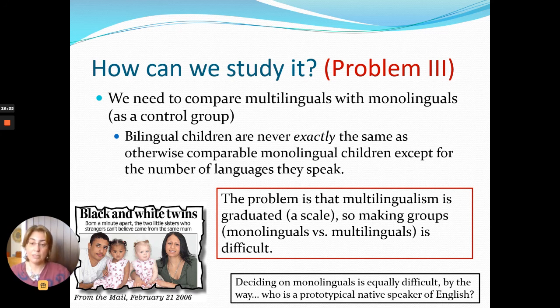It is very hard to determine who counts as monolingual, the same way that it's hard to determine who counts as multilingual. So whenever we talk about the group of multilinguals having these characteristics or that other characteristic, it's just very difficult to determine, and that's a big problem that we will have to take a stand on.